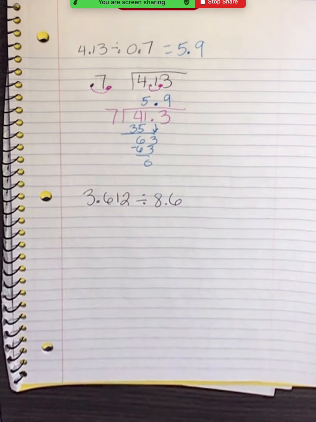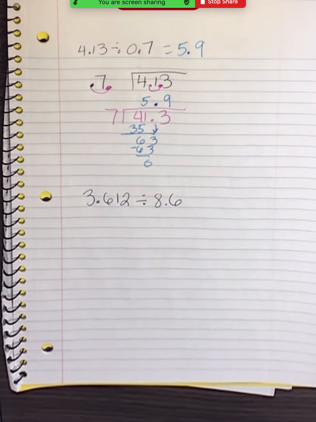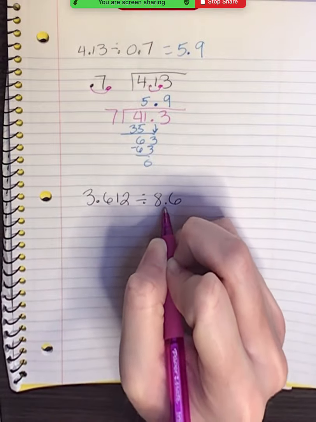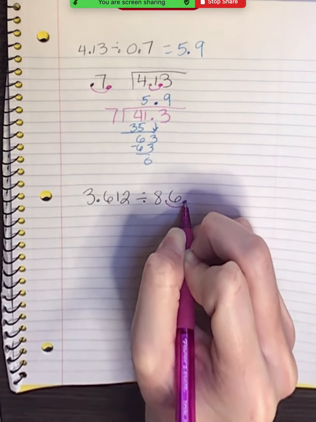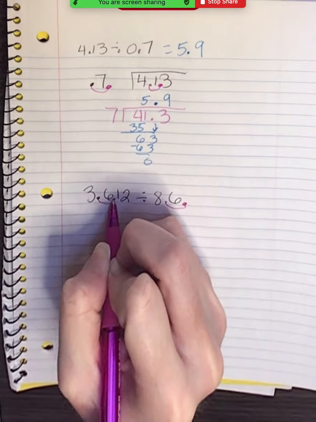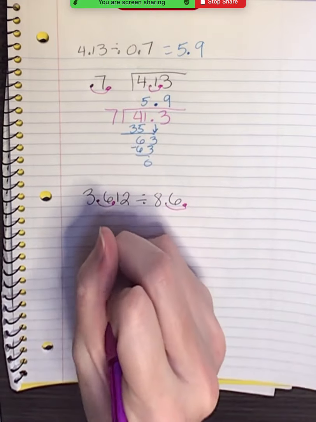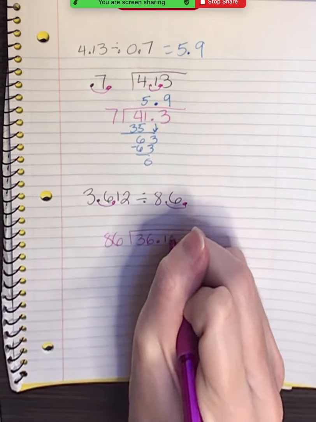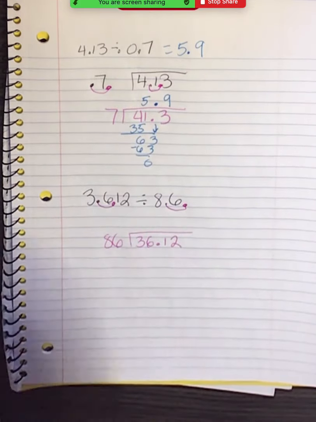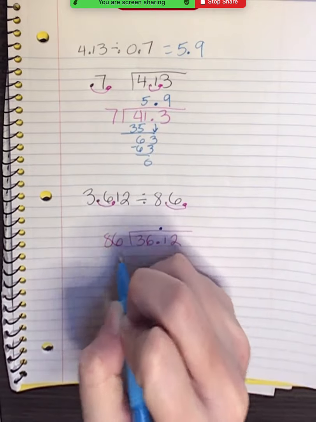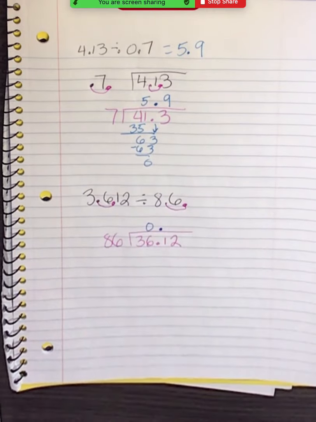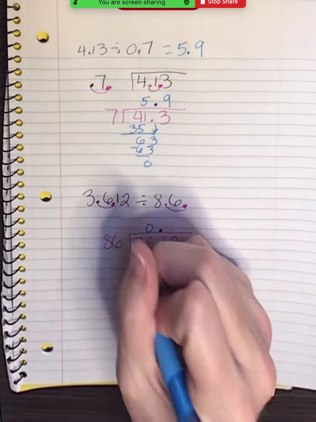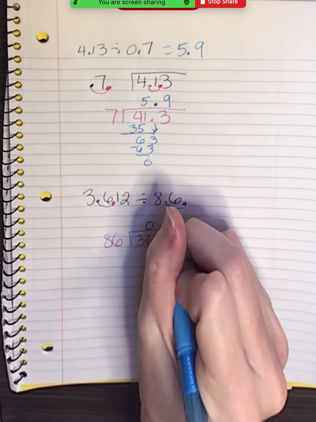Okay, so 3.612 divided by 8.6. So 8.6 needs to become a whole number, so it's going one place to the right. So one place to the right on 3.612. So we would get 86 into 36.12. Then that decimal place comes up. 86 goes into 36 0 times. Then 86 into 361 is 4 times.